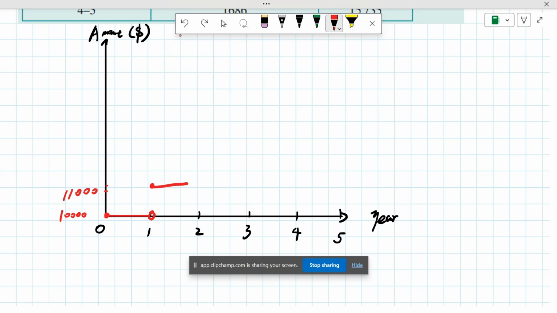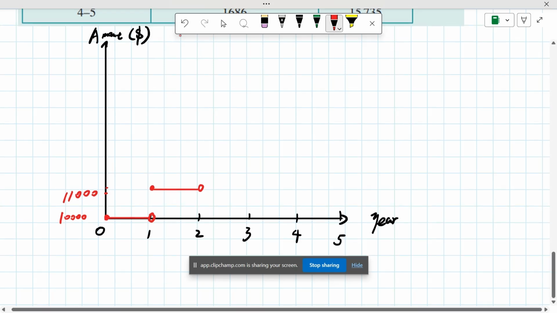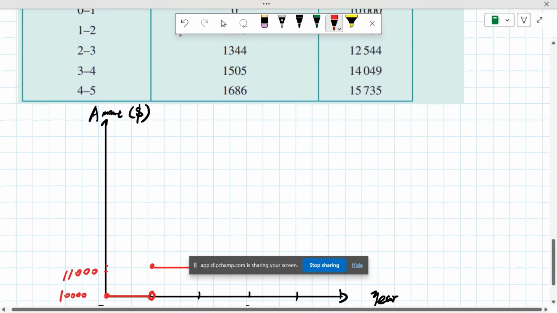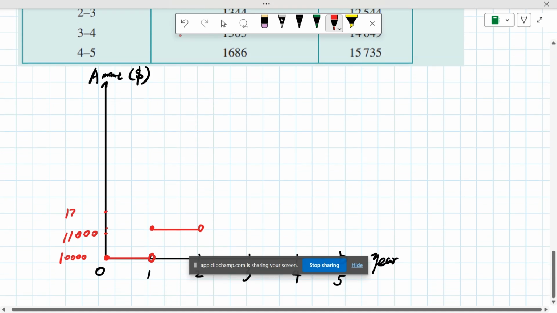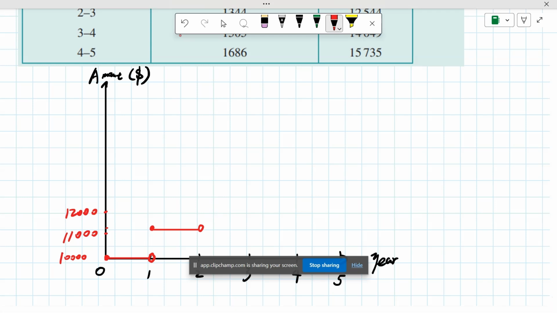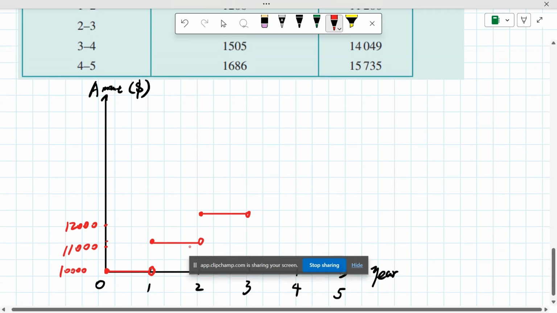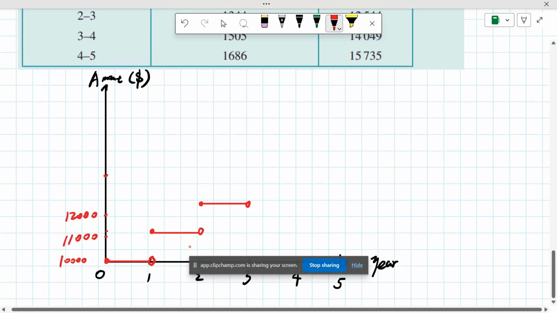So the horizontal line goes to 2, and we keep going to the third year, and now it's 12,000. So now it's here. You start from the second year to the third year, which is here. We're going to the third year. Perfect. And the fourth year we keep going, going up by 14,000, around here.